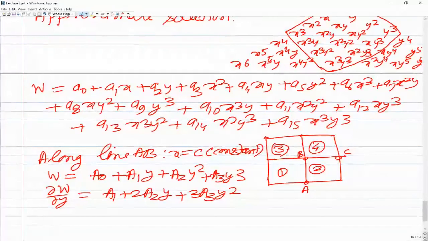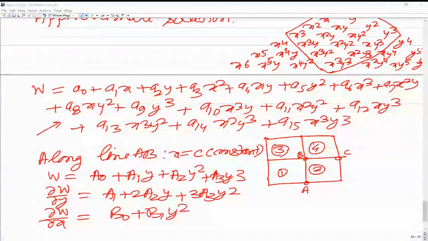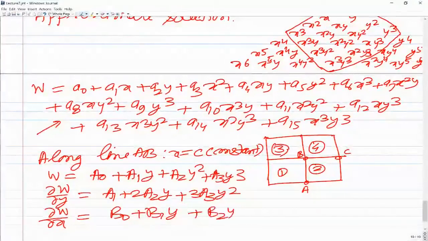Similarly, if you look at del w by del x, you can see another set of constants. First we differentiate this expression with respect to x, and then put x equal to constant. You will get b0 plus b1y plus b2y square plus b3y cube.